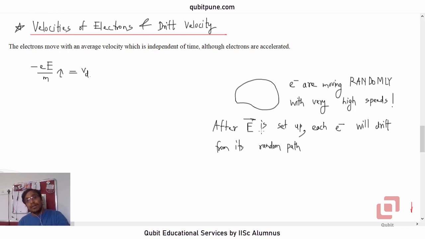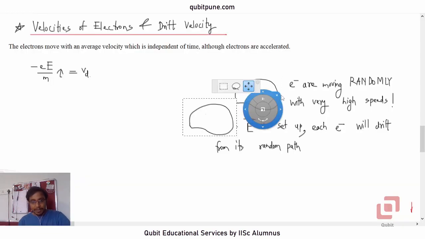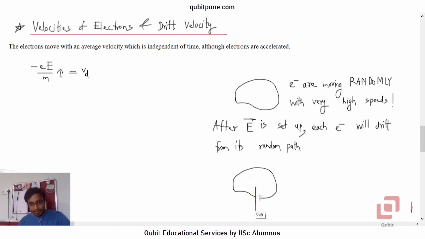It will drift because of the application of the electric field. So if we now take the same wire and join a battery here, please remember, the purpose of the battery is to create an electric field inside the circuit. After the electric field is set up, each electron will drift from its random path, giving rise to current. And the drift speed is very small, if you remember the drift speed.